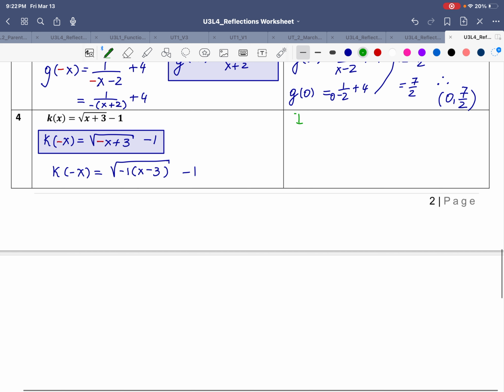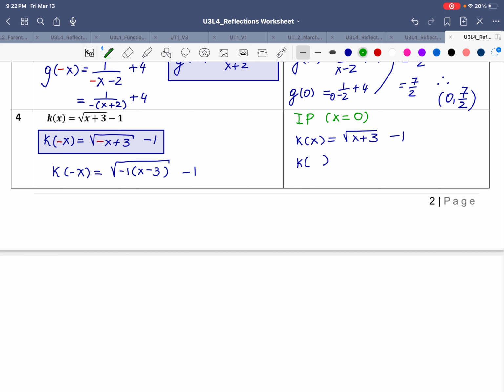Now, let's find the invariant point. So for the invariant point, we're going to make x equal to 0 because we are on the y-axis, and we're going to use the given equation, or the original equation, which is root of x plus 3 minus 1. k of 0 will be equal to the square root of 0 plus 3 and then minus 1.